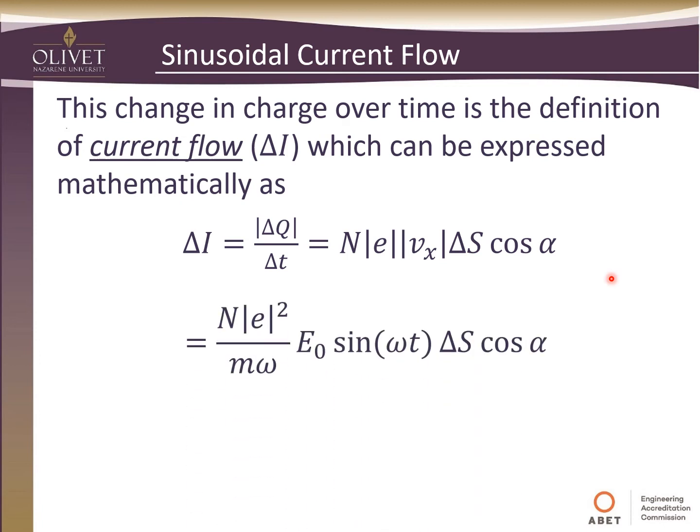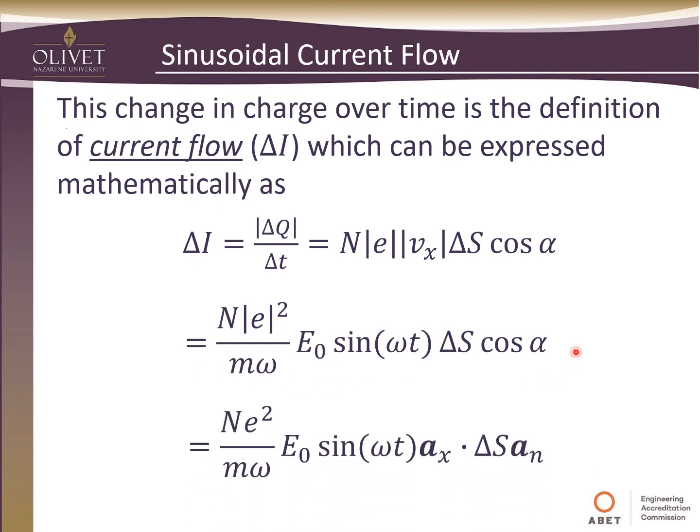So if we substitute some of our values in from previous definitions, we come to this, and then finally put it in vector form because these are vector quantities that we're dealing with. The current flow itself isn't, it's just a magnitude, but we do have direction associated with the charge and the area. And so as we do that dot product, that would help us to figure out how it affects the magnitude going through there.